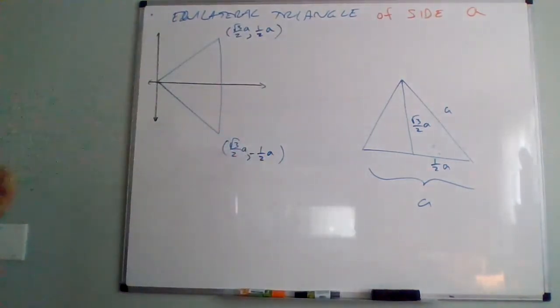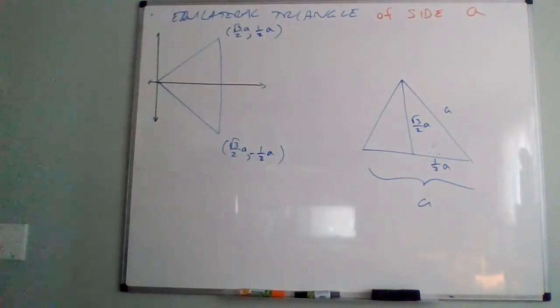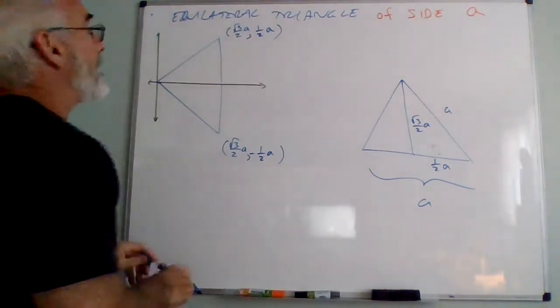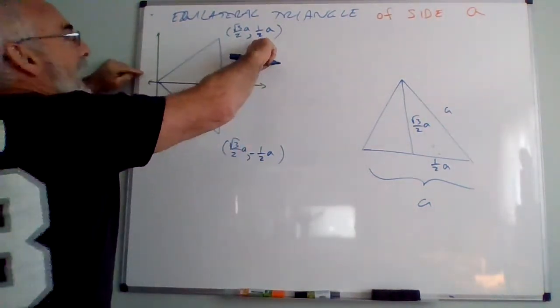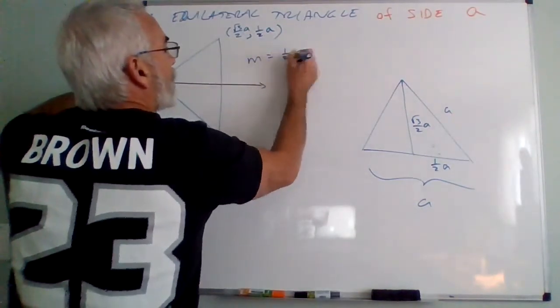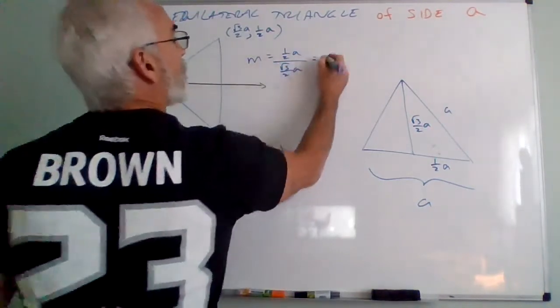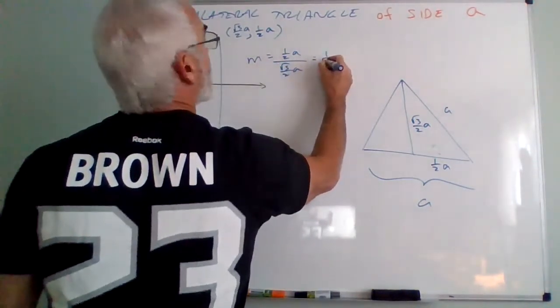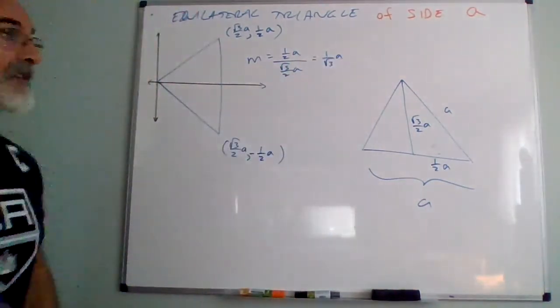So now I have a situation where I can describe the equations of the lines passing through these rather simply. Since it's going through the origin, my slope would be 1/2 A over root 3 over 2 A, which would simply be 1 over root 3 A. Or if you want root 3 over 3, it really doesn't matter.